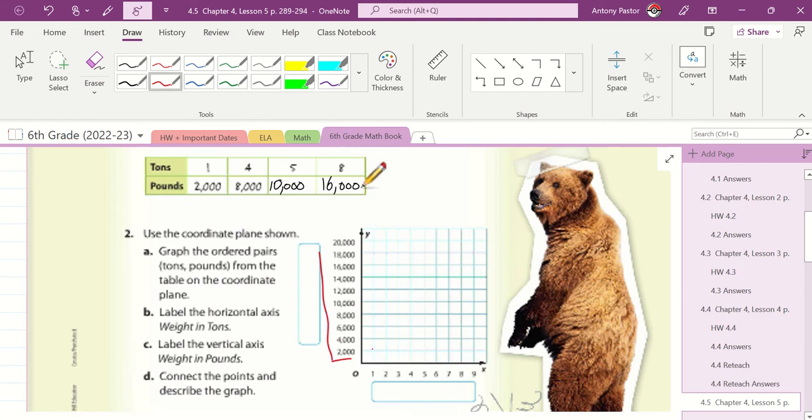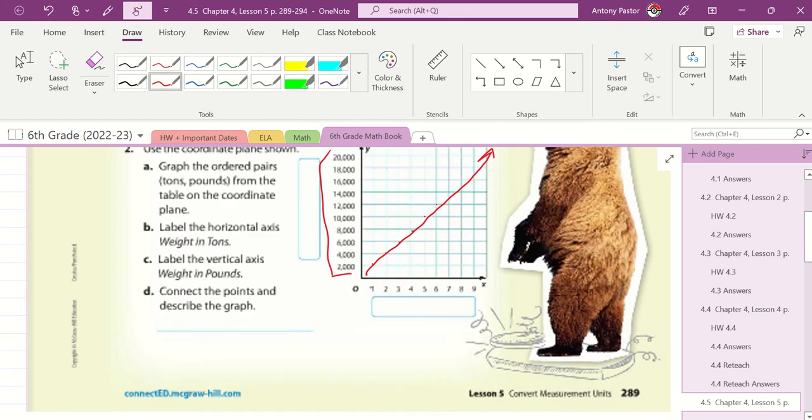This is all in 2000s. 2 tons would be 4,000. 3 tons would be 6,000, and so on. 4 tons would be 8,000. 5 tons would be 10,000. 6 tons, 12,000. And if you look at our chart and we graph this, it's one solid line just going straight diagonally up. We're going to get into graphing a lot more soon.